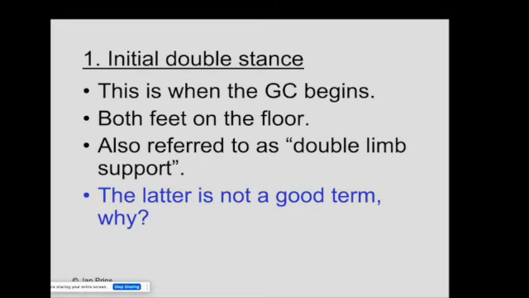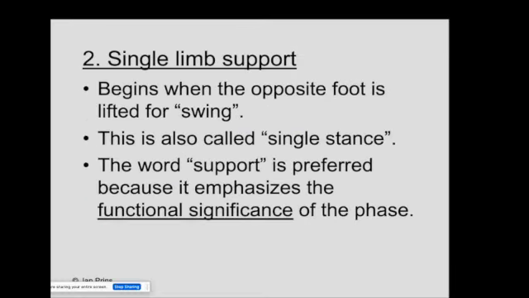Initial double stance begins when the gait cycle begins, both feet on the floor, also referred to as double limb support, but that's not a good term because both legs are not supporting equally. Single limb support. Remember, I said not stance, but support, because it's supporting the whole body. That single limb, the functional significance is clear.